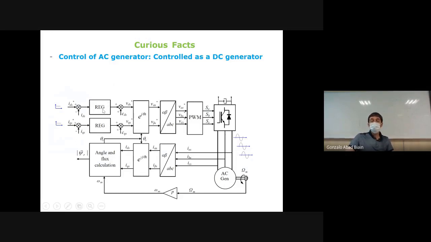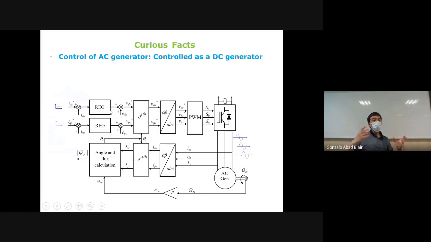And there are historical reasons, because at the beginning, when this was developed around 1970 in Germany, by Siemens and some other manufacturers, the dominant regulator was the PI regulator. Or said in other words, the resonant regulator had not been invented yet.